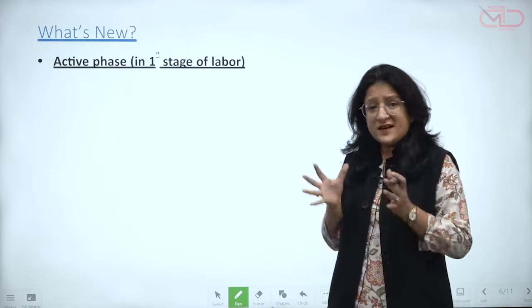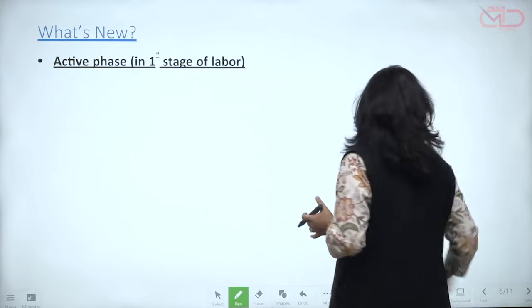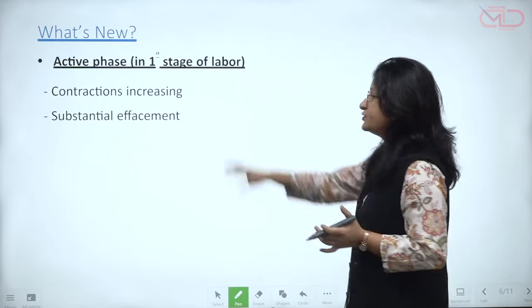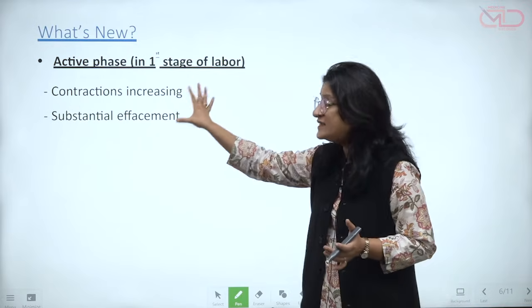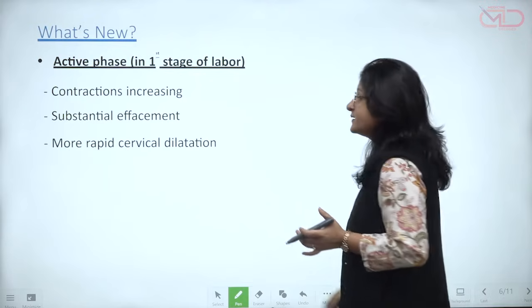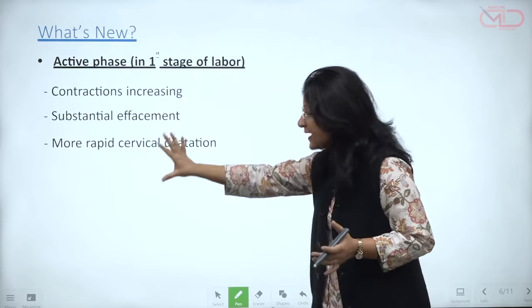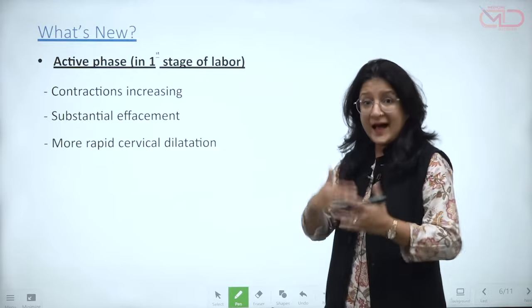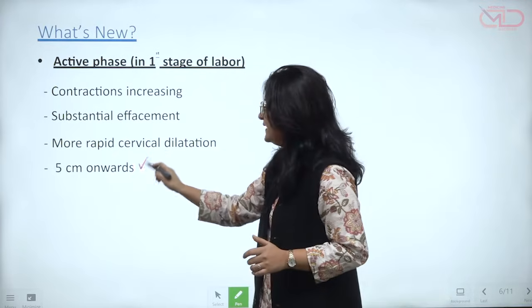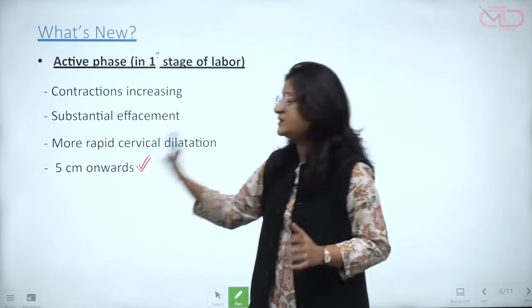What's new is the definition of active phase of labor. So, active phase is defined when the contractions over time have been seen to be increasing, there is a substantial degree of cervical effacement, and rapid cervical dilatation has started, and the woman is dilated to 5 centimeter onwards.